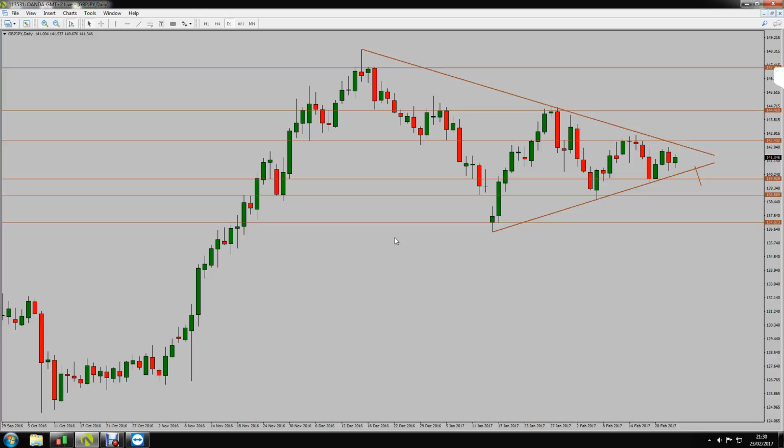Repeat, they are not final targets. The last level is not the final target of the price, it's the final target of the pattern. Okay?